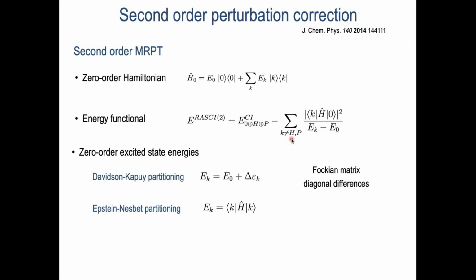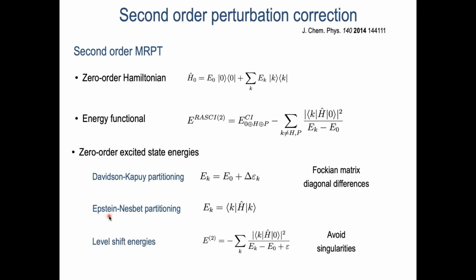Then in multi-reference perturbation theory, there is not a unique definition for these excited state energies, and in Q Chem you can find two different options: the Davidson-Kapuy partitioning, which is based on the use of a Fockian matrix, or the use of the Epstein-Nesbet energies.